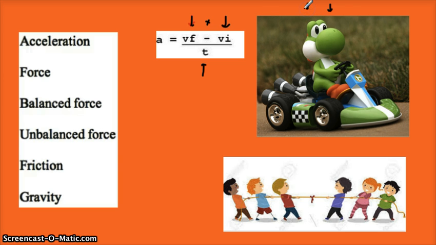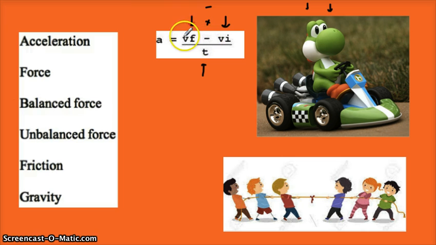Let's say Yoshi is going 30 meters per second and then he goes down to 20 meters per second. Then the final is 20 and the initial is 30. So you can see how that could be a negative number, and all that means is Yoshi is decelerating, not accelerating. Accelerating is going from slower to faster. Decelerating is going from faster to slower.